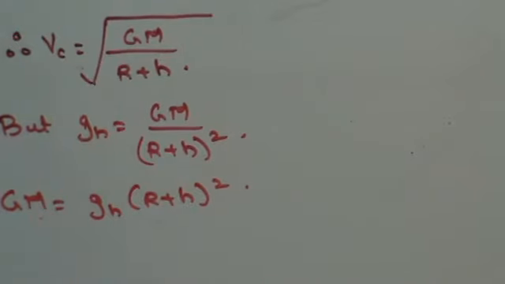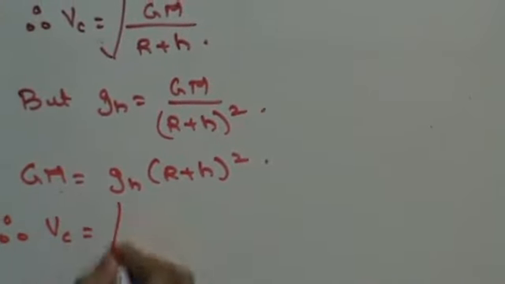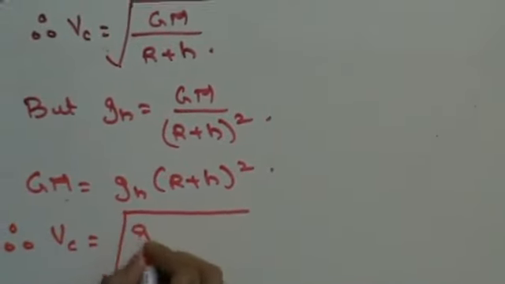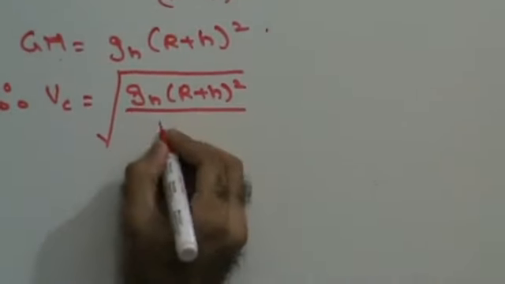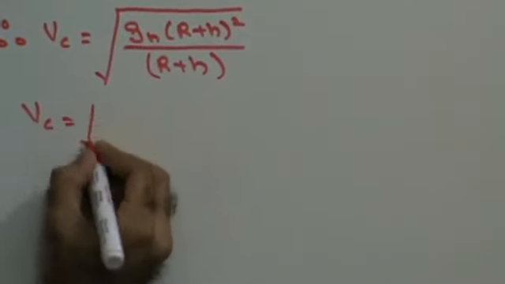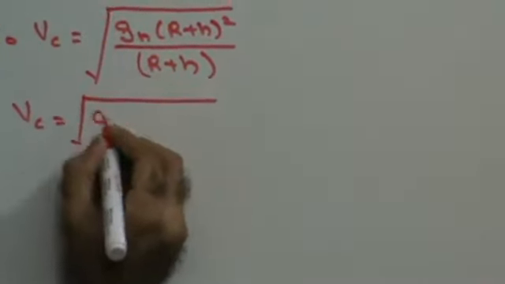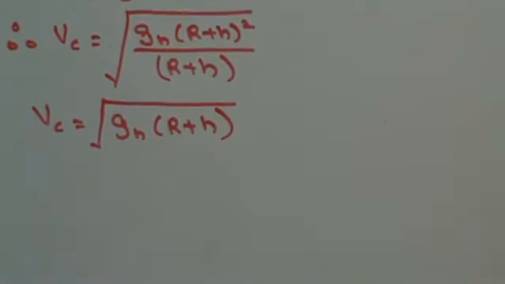If I substitute this in the equation of Vc, I'll get Vc is square root of gh into R plus h the whole squared upon R plus h. R plus h and R plus h get cancelled, so square root of gh into R plus h. That's another expression for Vc.